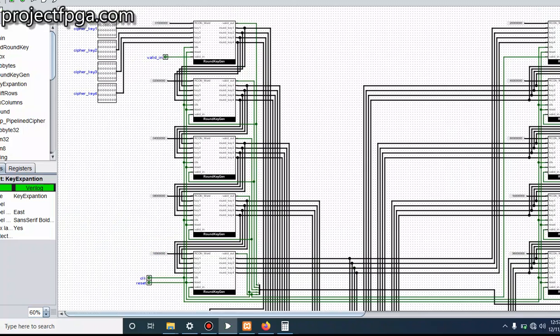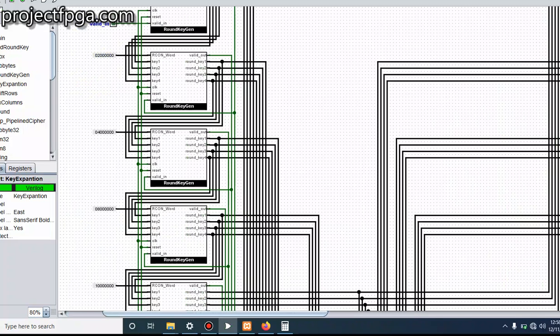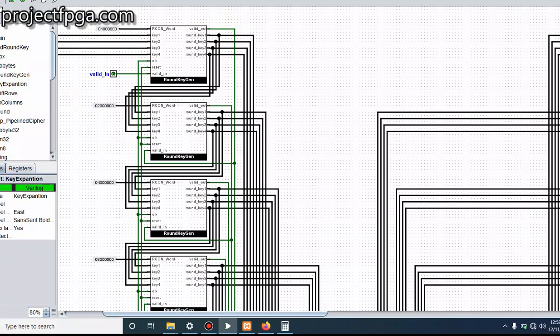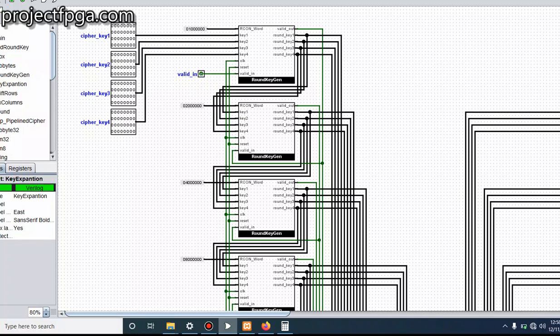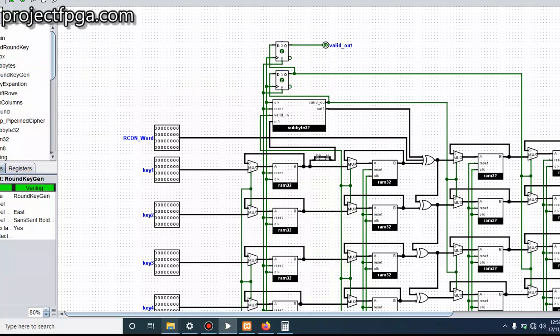What it does is take the cipher key, which is our unique password, and pass it through this round key generator. Remember the round key generator we talked about in our last tutorial. This is it.